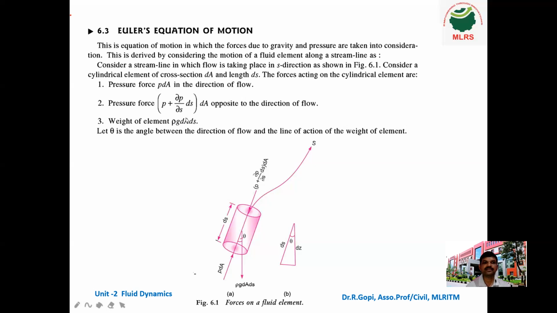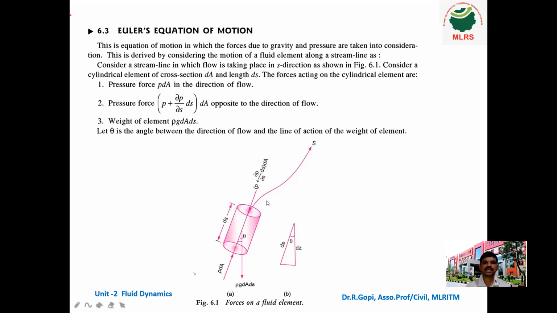We already saw the specific weight formula in the first unit, properties of the fluid. So rho into G into V gives the weight of the element. So rho G is the specific weight, multiplied by the volume, and we can easily get the weight of the element.